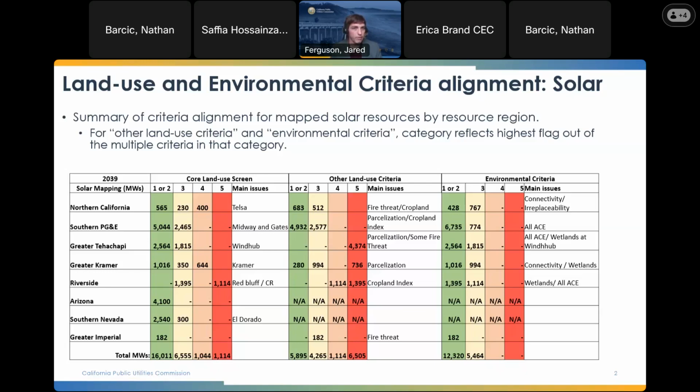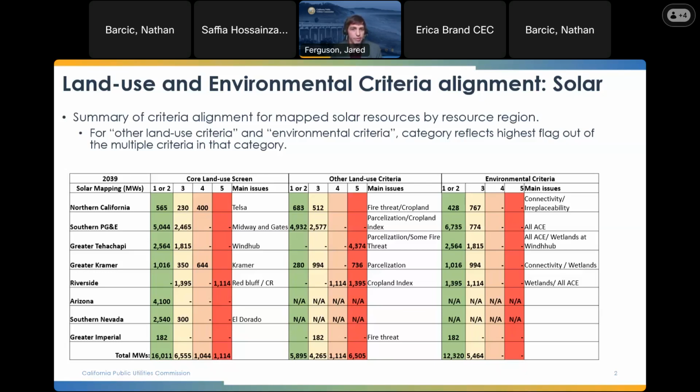Riverside is one of the areas where we are noticing some significant non-compliance. You can see about half of the resources in Riverside, the resources mapped to Red Bluff, have a level 5 compliance, and the resources mapped to Colorado River have level 3 compliance.